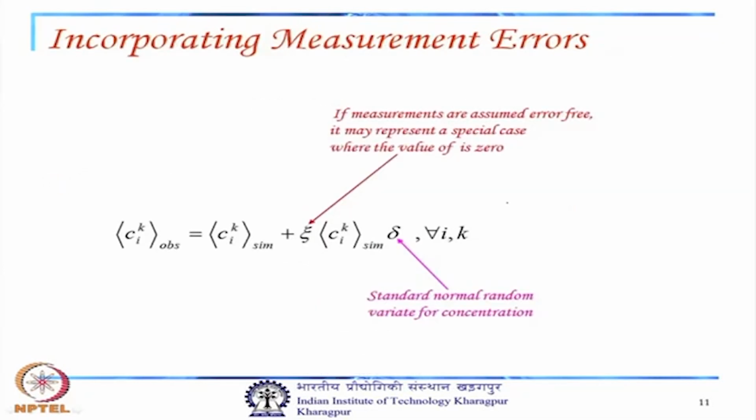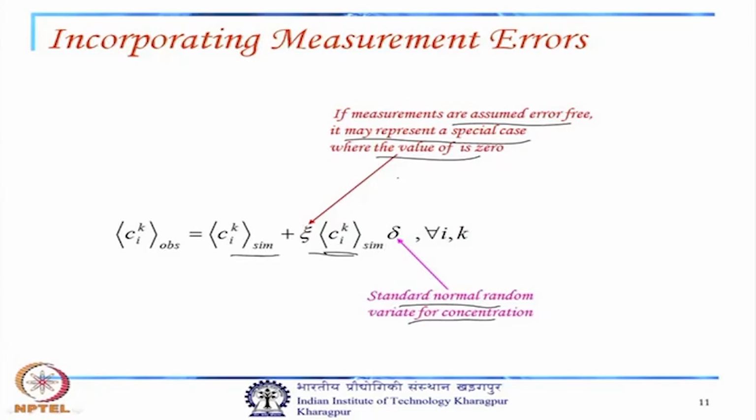So, we need to incorporate some kind of errors. For a hypothetical illustrative problem, we have considered that this is a simulated value, and we have added some kind of error. This represents the measurement error; it may be assumed error free, a special case where the value is 0, and a standard normal random variate for concentration.